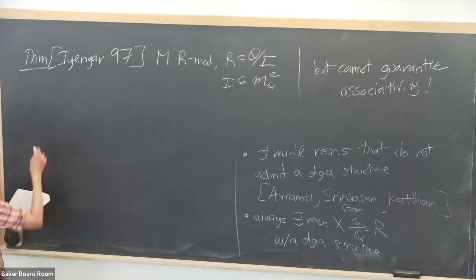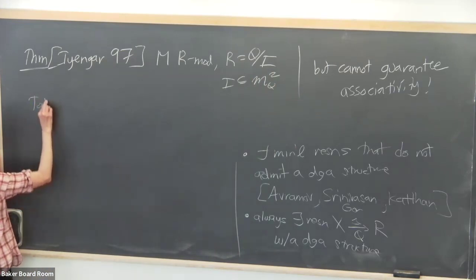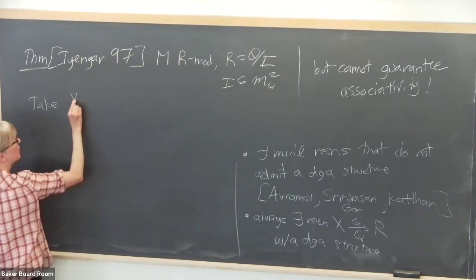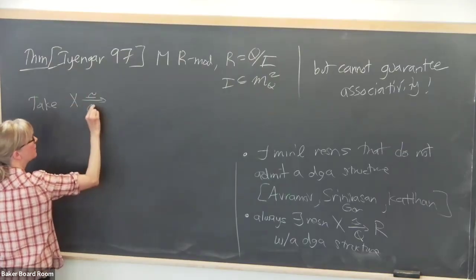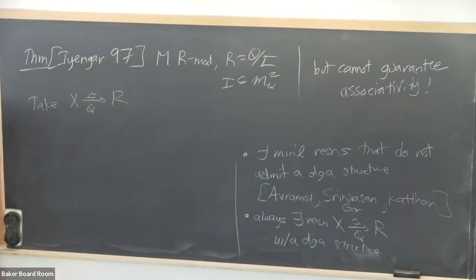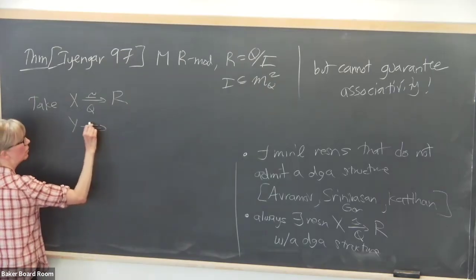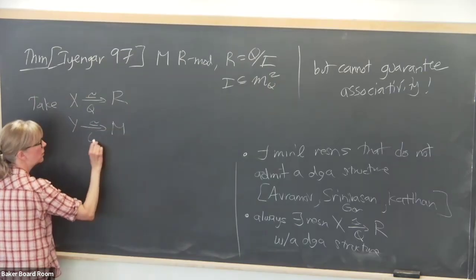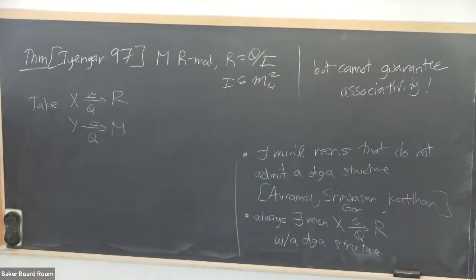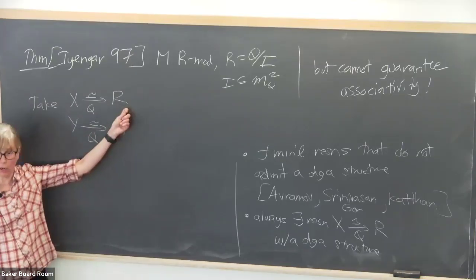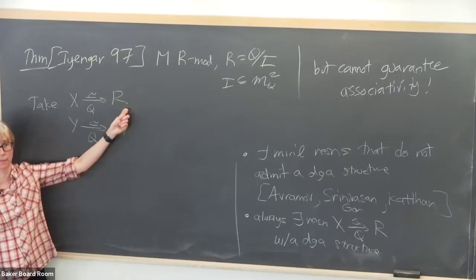Okay, so now start resolving these over Q. So resolve the ring over Q. Resolve the module over Q. And what we want is to resolve the module over the ring R, which could be difficult.